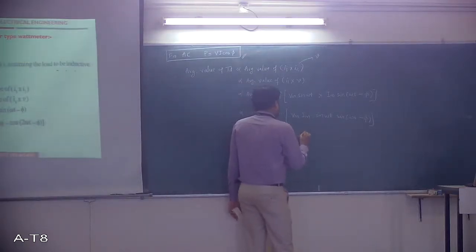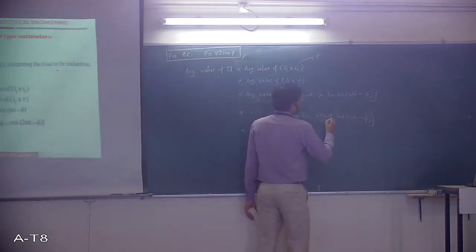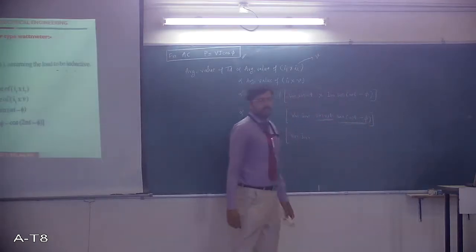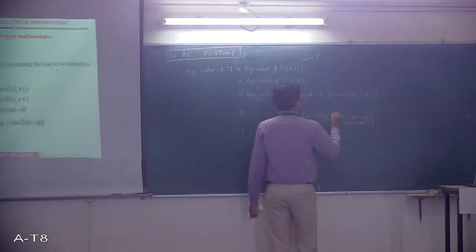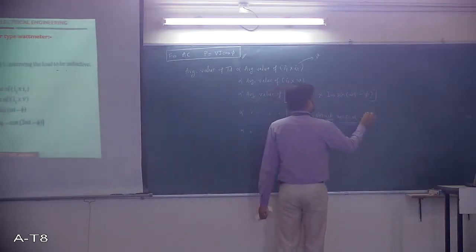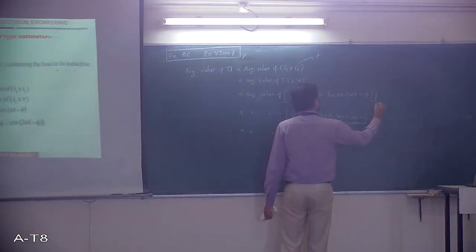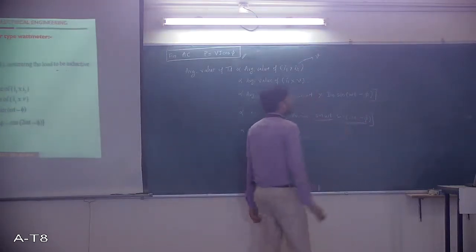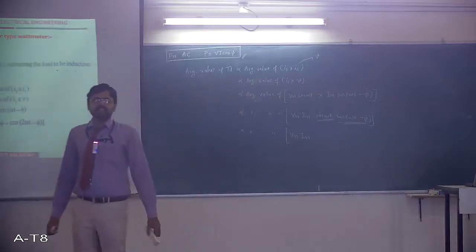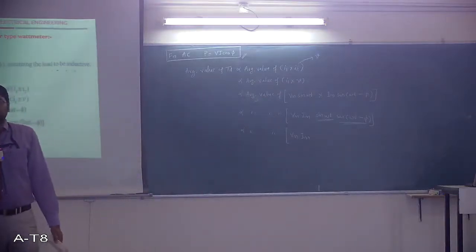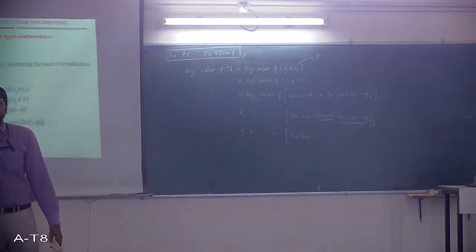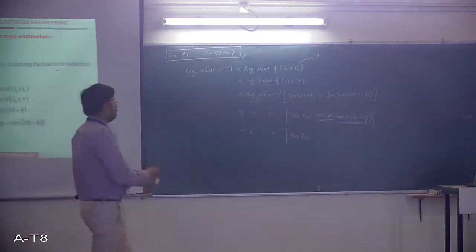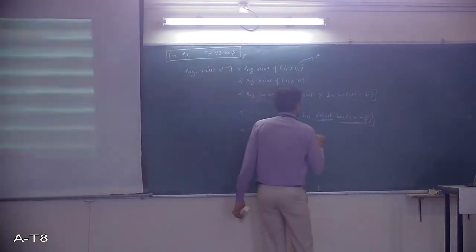See this particular product: it is in the form of sin A into sin B. If I regard the first term as A and the second as B, what is sin A into sin B? It is 1 by 2 into [cos (A minus B) minus cos (A plus B)]. Am I correct?